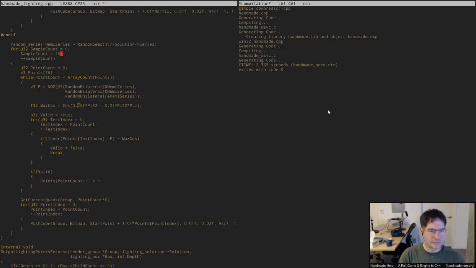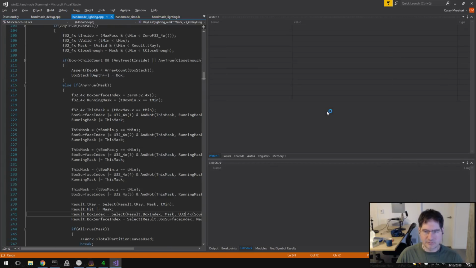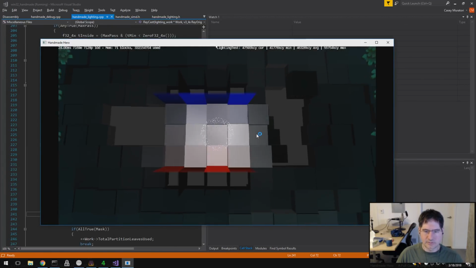I also want to try upping the sample count here so I can see what happens over several frames, like what we end up with.